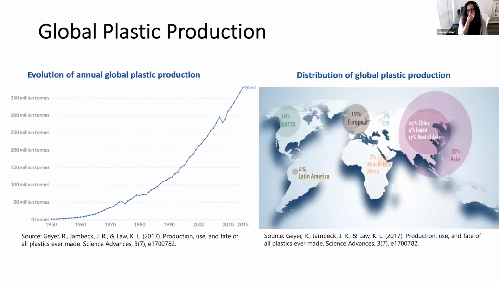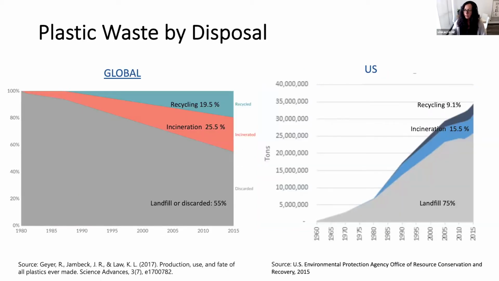But let's see what happened with plastic production since the 1950s. The amount of plastic production has been increasing exponentially, and one of the main generators is the Asia region, with about 50% of plastic production. Most of the plastic is going to end up in a landfill.